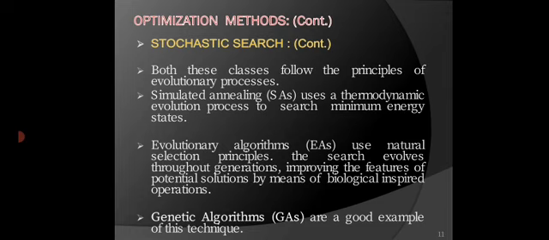Evolutionary algorithms use natural selection principles. The search evolves throughout generations, improving the features of the potential solution by means of biologically inspired operations, in which GA are a good example of this technique.